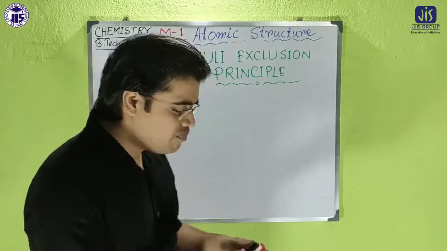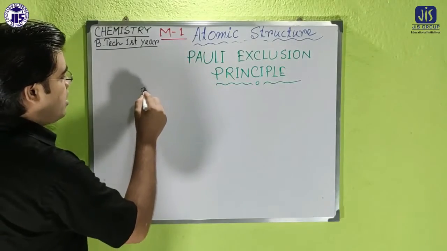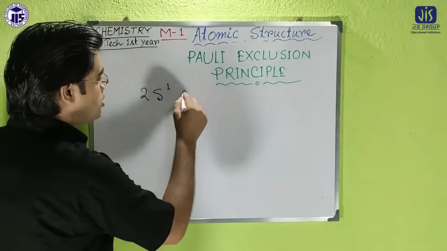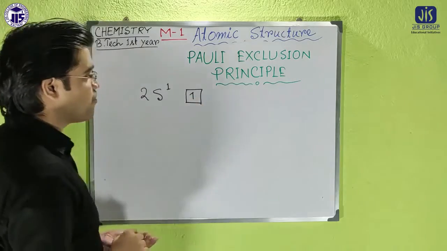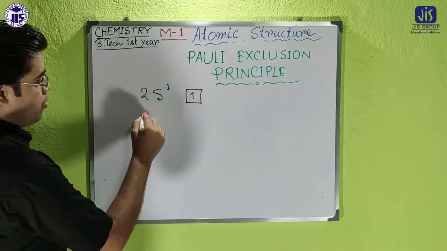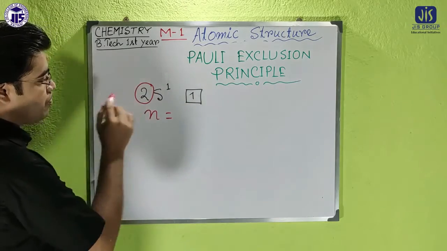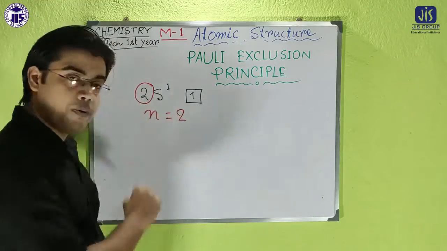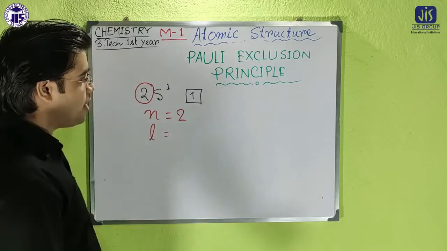Now today, if we consider any particular electron like 2s1, how can we write it down? If it is the first electron, then n is the principal quantum number, so n equals 2.